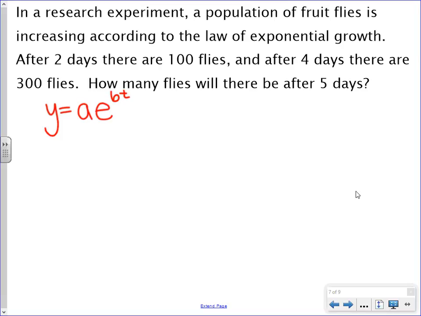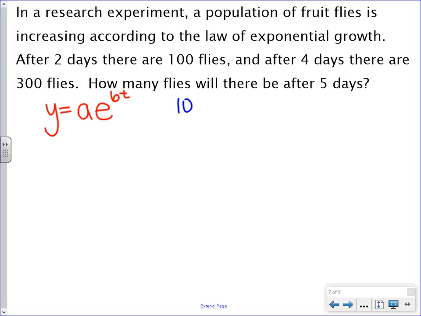All right? So, do we know the initial amount of flies? No. Do we know the rate that they are growing at? We don't know the actual 5% or 10%. We know that they're growing, but we don't know the exact percentage, okay? So this is what we're going to need to do. We know that after 2 days, there are 100 flies.